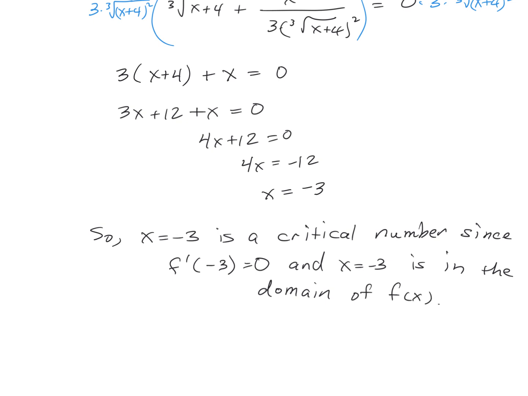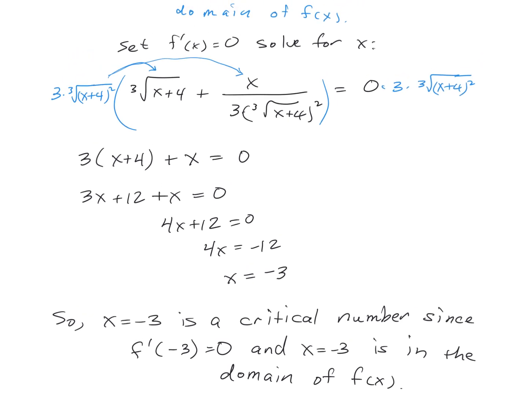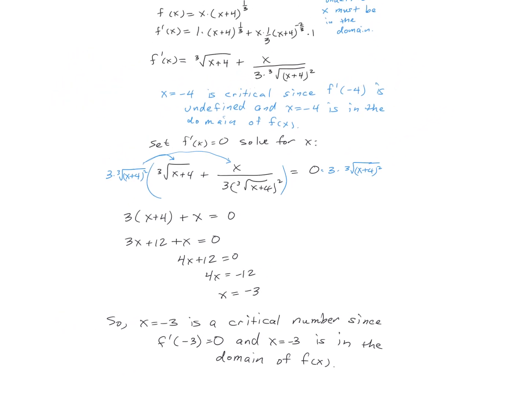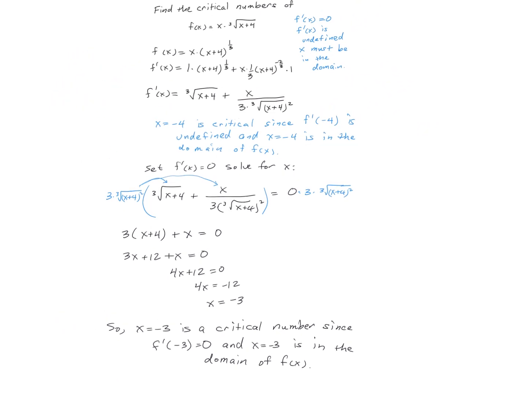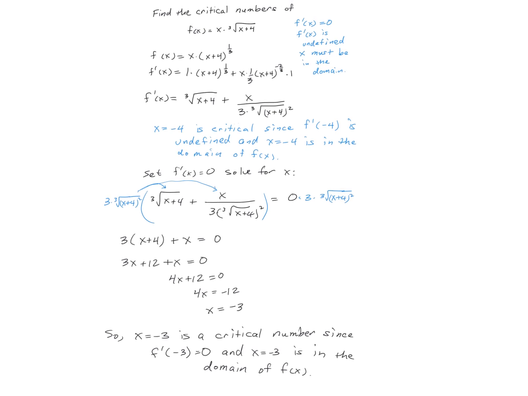So again, we've got two different critical numbers for this function. One of the critical numbers comes from the derivative being undefined at the point x equals negative 4, and the other one comes from the function having a derivative that's equal to 0 at the point x equals negative 3.